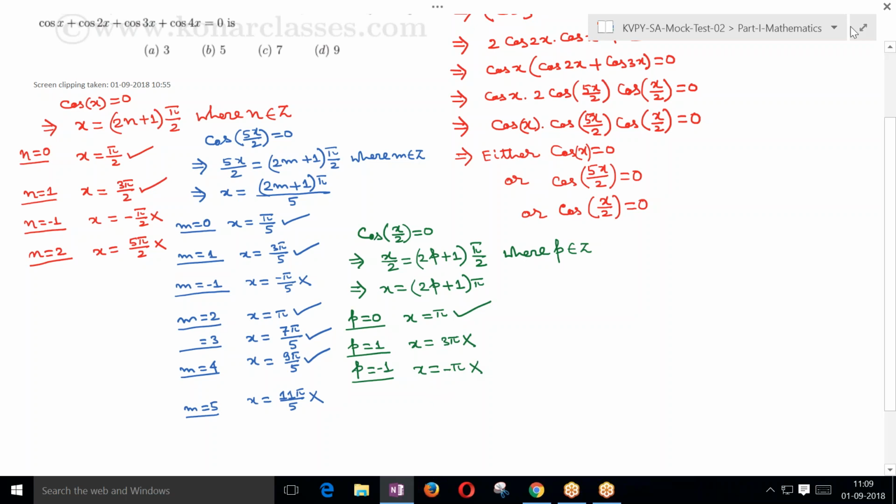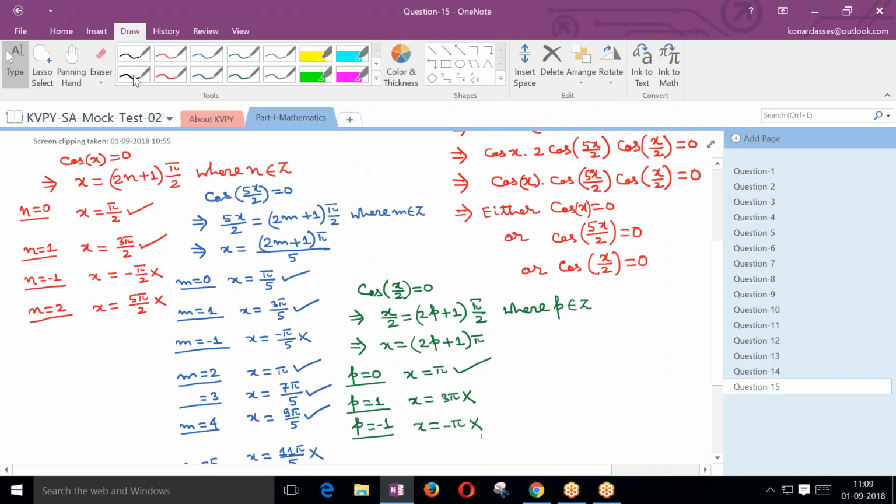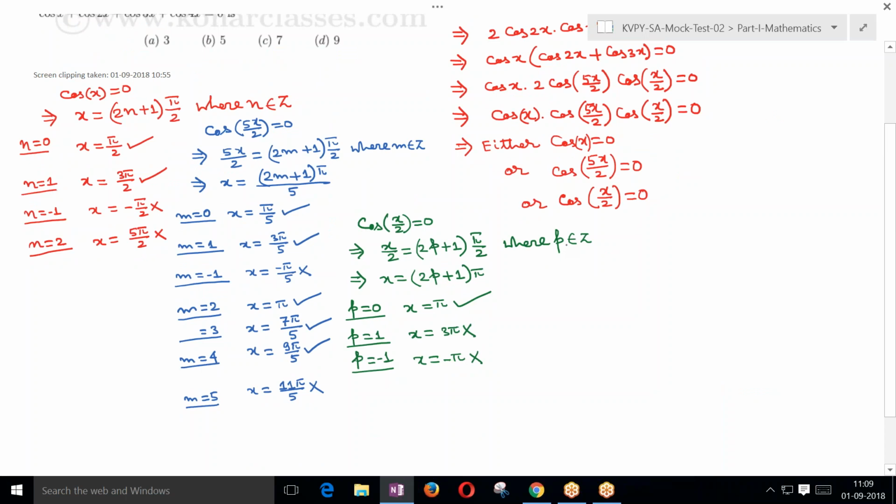So then, how many solutions do we get together? Let us mark it in a different color. We get pi by 2, that is an acceptable solution. 3 pi by 2 is an acceptable solution. Then 5 pi by 5, 3 pi by 5, pi, 7 pi by 5 and 9 pi by 5.